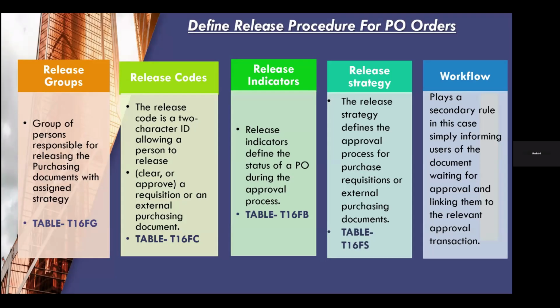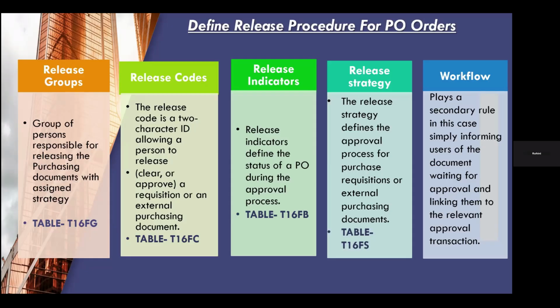For example, the purchasing team, or production team, or service team will be responsible like that. The release group we have to maintain. For example, we will have the service team for the release purpose. Either we can use alphabet as well as numeric to define the release group.